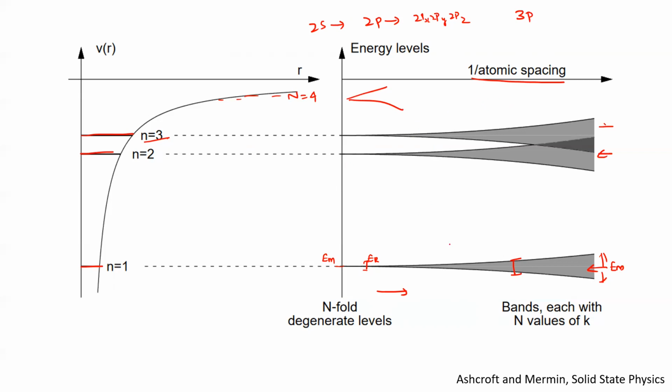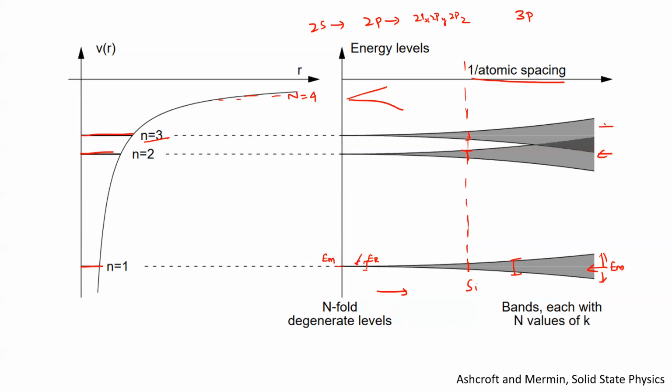Now, depending upon the atomic spacing, you can see that energy levels which were largely separated have started to form bands. And because you now have bands, you'll start to see energy gaps between the bands. If, let's say, this is the atomic spacing of silicon, you will see the first band here, the second band here, the third band here, and so on as you go forward.